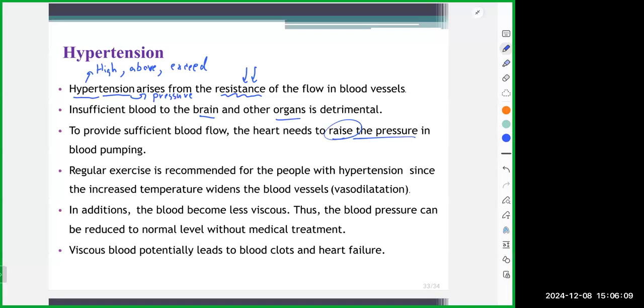Your body temperature increases as well, which would help your body with cold. Also dilatation, so your blood will become less viscous, which means it flows efficiently.